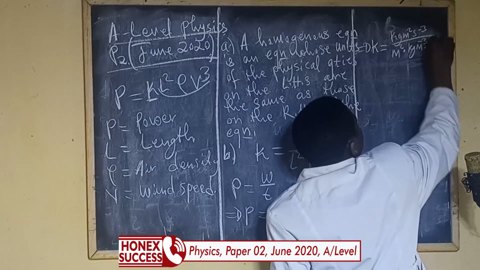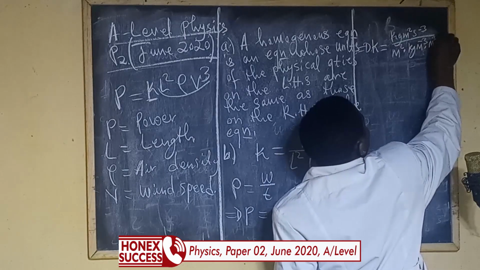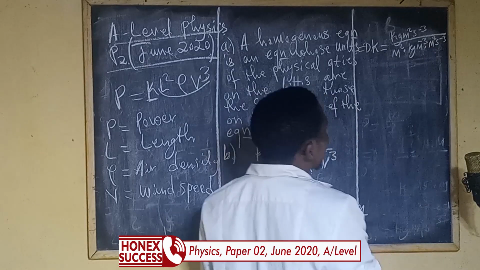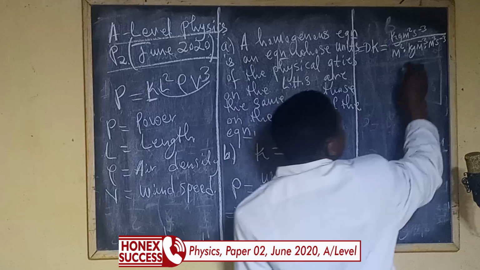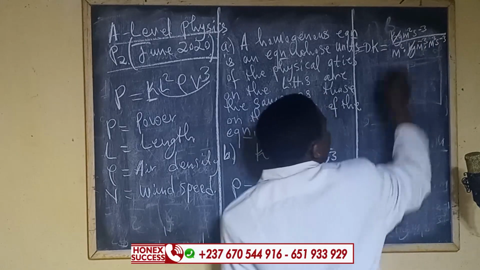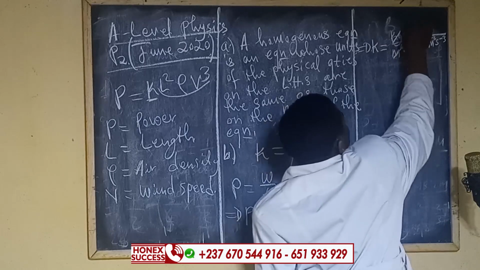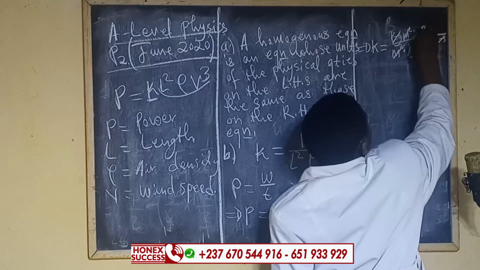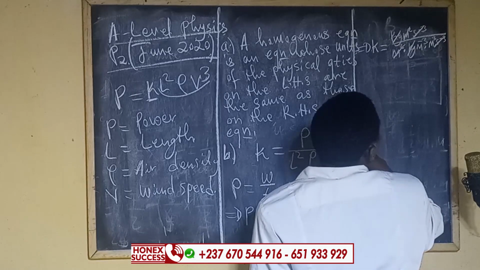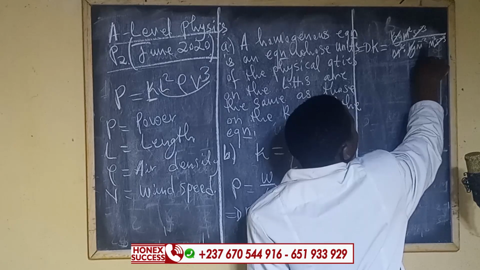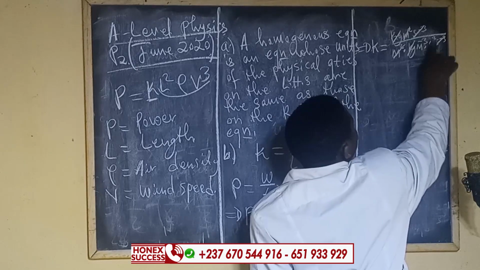So we simplify. Kilogram takes care of kilogram, meter squared takes care of meter squared, second cube takes care of second cube. Then this is per meter, and this is also meter cube, so they take care of themselves. So this implies that K is equal to 1.